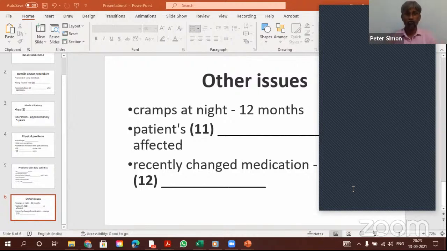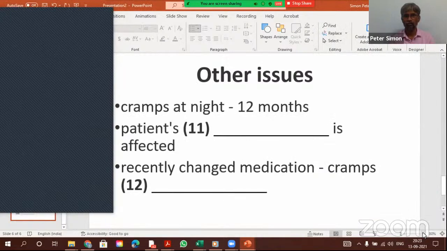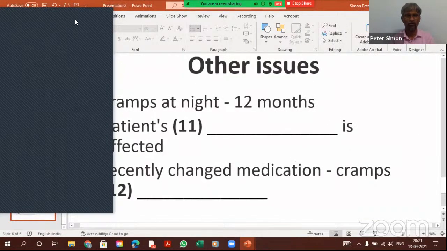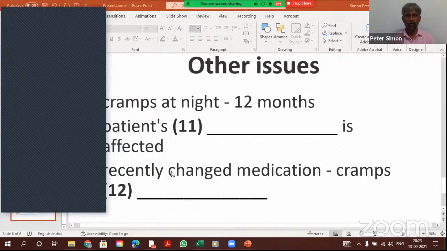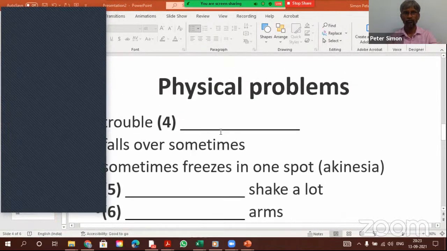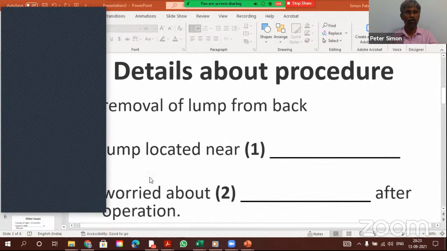So now, let us go to the, yes, here we have, right. Question number 1. Question number 1, lump located near. This is question number 01.